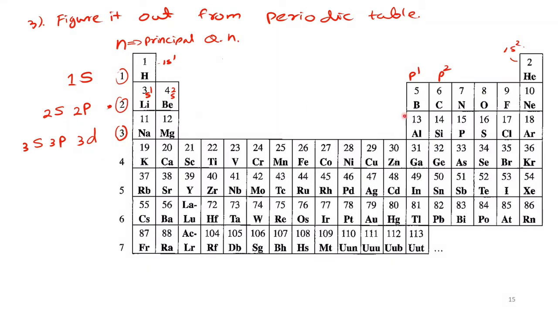What does this empty space mean? That means you actually have 3d orbitals. You are in level 3. If you're in level 3, you should have s, p, and d, only that the d orbitals are empty. So you have empty d orbitals when it comes to the third period.